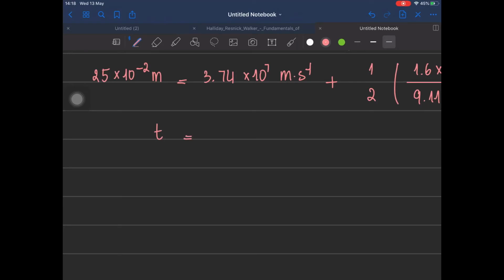After that, you can just substitute for the t. So I've done the pre-calculation, and I can find that t is equal to 5.99 times 10 to the minus 9 seconds.